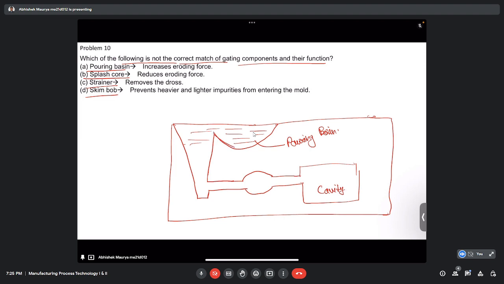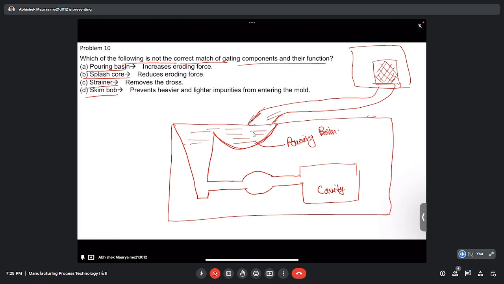This type of shape is provided in order to reduce the erosion, because normally what happens, we have a furnace somewhere away from this mold. So the molten metal gets transferred either by the ladle or directly through some channel to the mold.